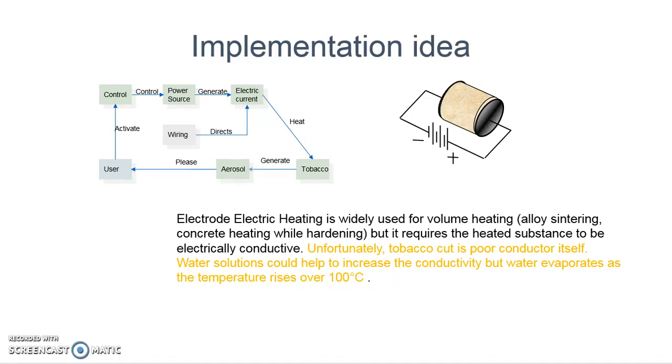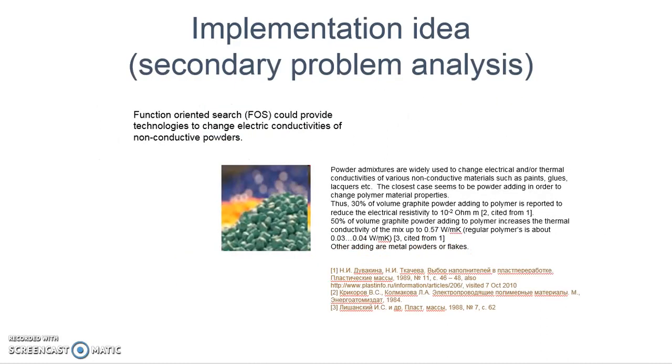been presented before, or is going to be presented, called function-oriented search. We try to find an industry in which to make something conductive. And fortunately, there was an approach found in making conductive plastics. Basically, plastics can conduct any current, but if you want to make it conductive for a reason, then you can add some graphite powder.